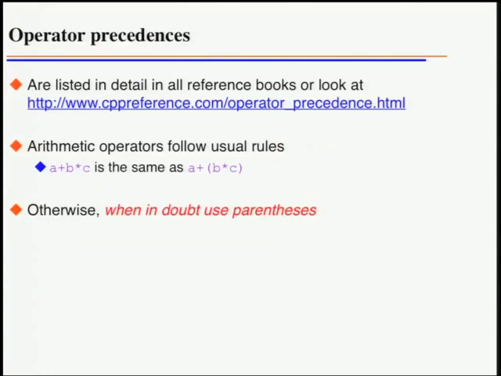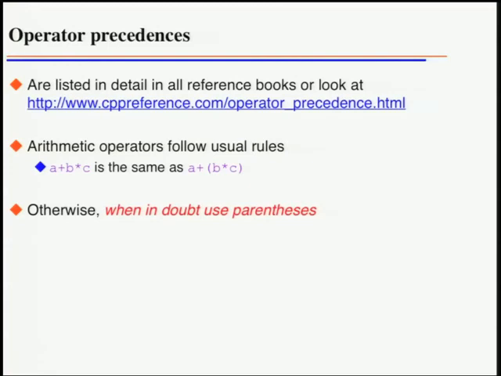If you have a sequence of different of these operations, then a special operator precedence needs to be evaluated. The compiler needs to decide whether to first sum two numbers and then multiply, or the other way around. For the arithmetic operators, they use the usual rules. For example, multiplication takes precedence over the addition.